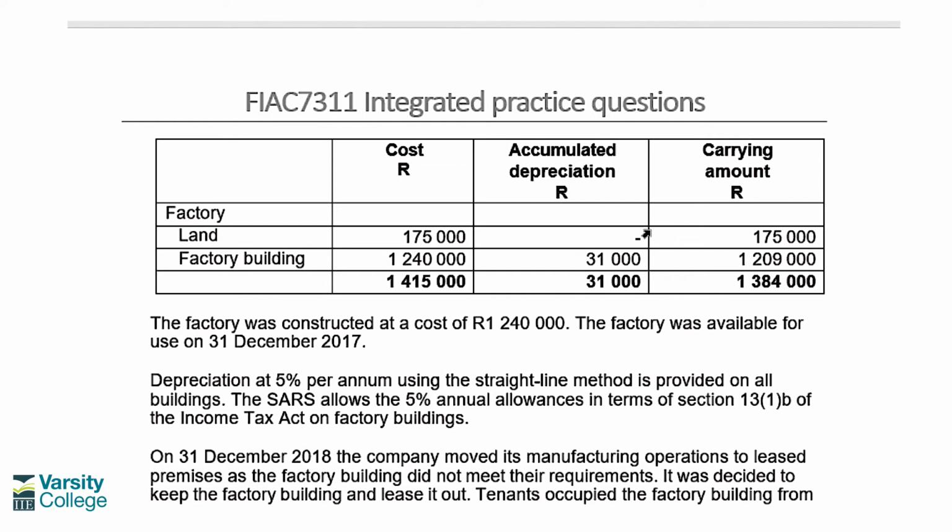Depreciation 5% per annum, straight line method, provided on all buildings. SARS allows the 5% annual allowance in terms of Section 13(1)(b). Now let's just process this as well. For plant and machinery, you were just told 12C. You had to figure out where we were from a 12C perspective.